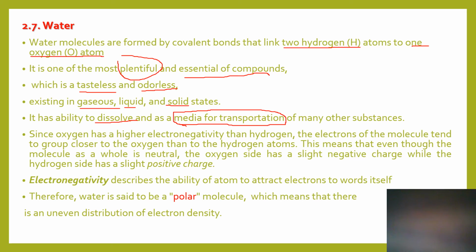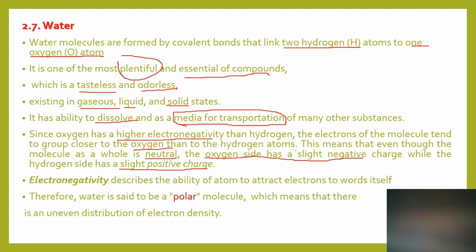Since oxygen has higher electronegativity than hydrogen, most of the time electrons spend their time around oxygen atoms rather than hydrogen atoms. This means that even if the whole molecule is neutral, the oxygen side is slightly negatively charged, whereas the hydrogen side is slightly positively charged.